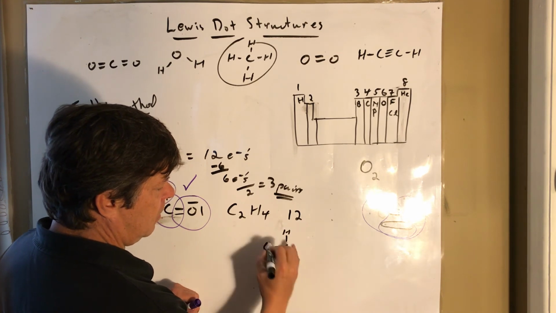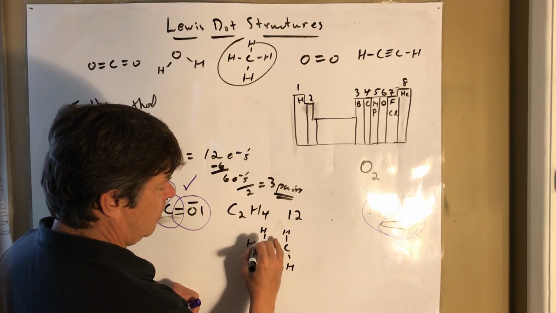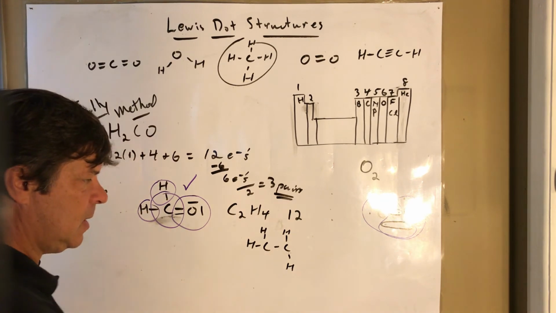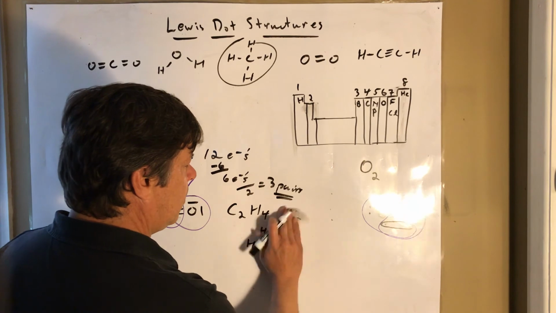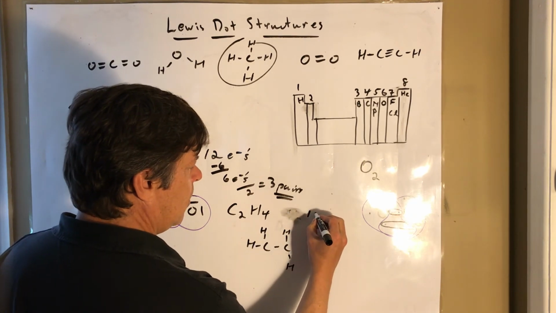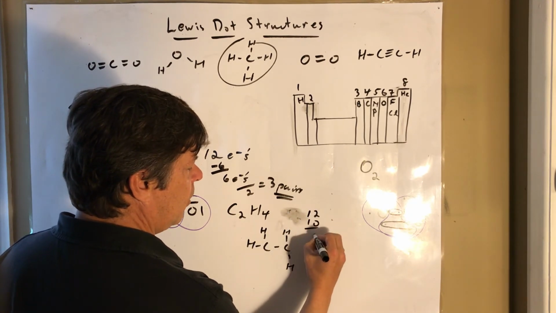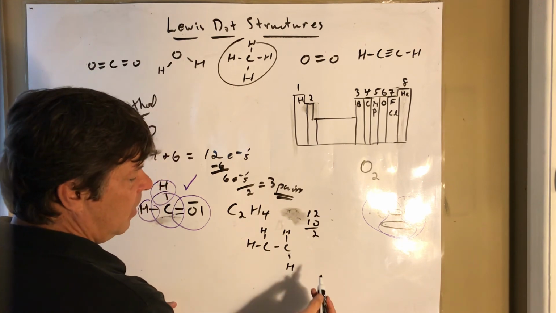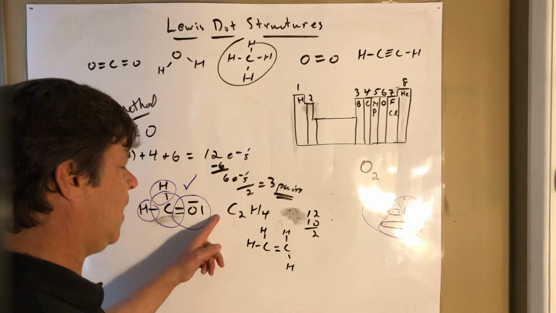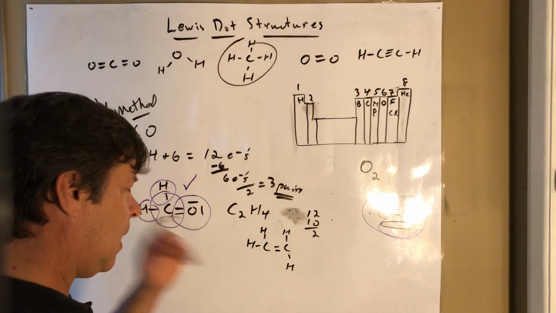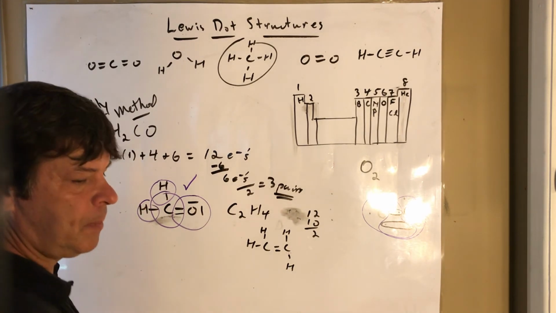Does that make sense what we did there? So we have 1, 2, 3, 4, 5. We already used 10 electrons. We're only left with 2 electrons. Of course, that's got to be a double bond. Well, you know that because ethene has a double bond. So that maybe is not a good example.